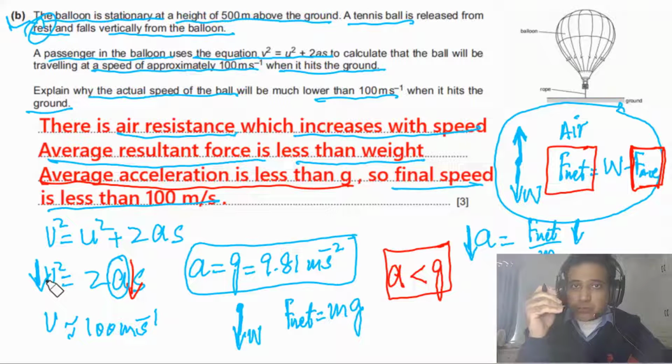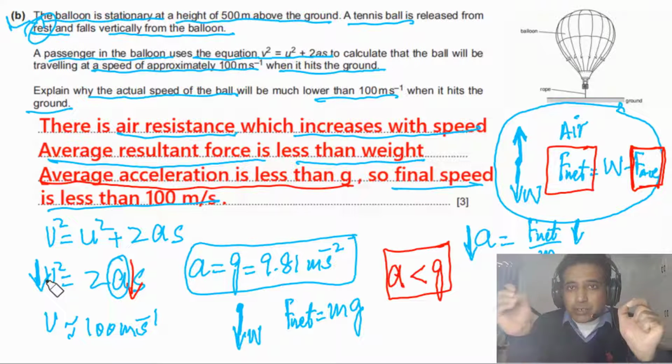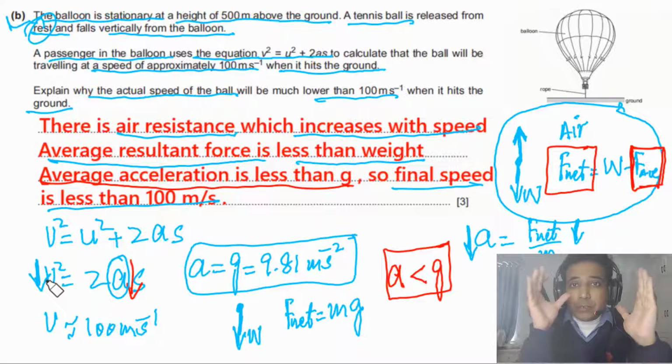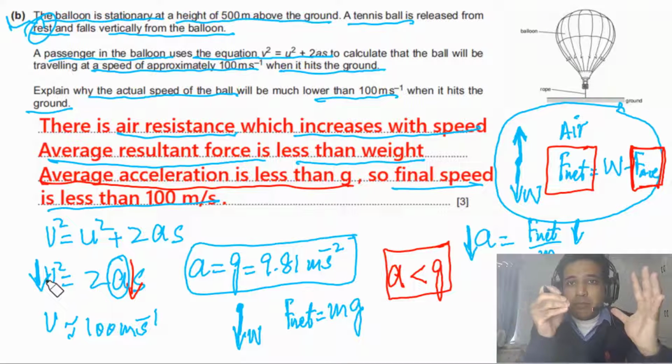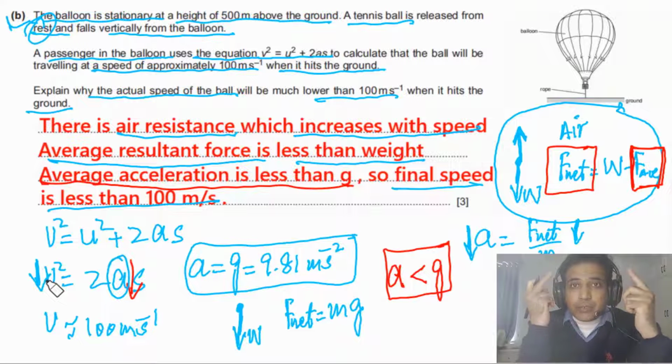Just read the question carefully and try to use your understanding of physics. It's very important. If you start solving questions based on understanding, you will develop yourself very fast. But if every time you look at the question, you check the mark scheme and write down your answer, you will never develop your understanding. So when you see a new question, always do it by yourself. Try to use your understanding of physics and answer the question, not just quickly look at the answer, because your brain will not develop understanding of physics.